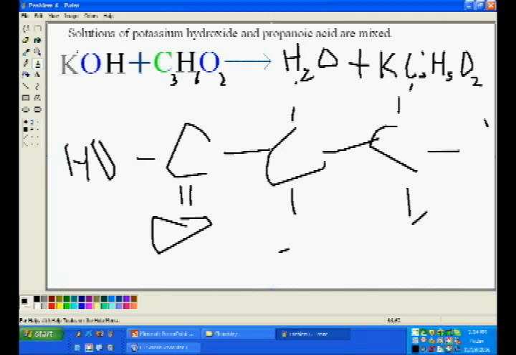So this is K plus OH minus, and this is K plus C3H5O2 minus. So now we remove our spectator ions. As you can see, K is a spectator ion because it hasn't changed on each side. It's K plus on both ends. So all that we have left is OH minus plus C3H6O2, and it leads to water and C3H5O2 minus.